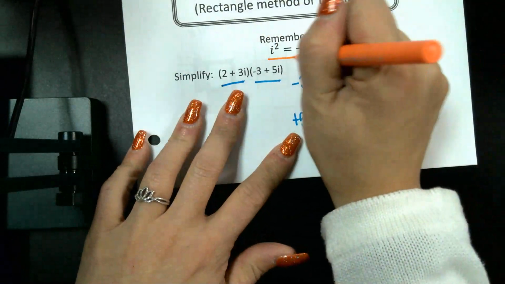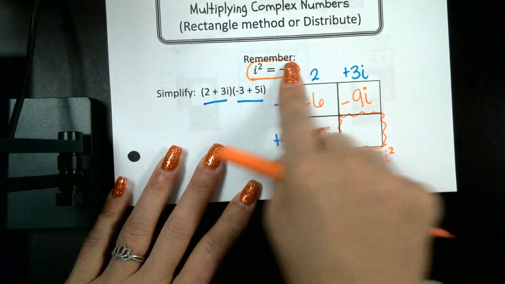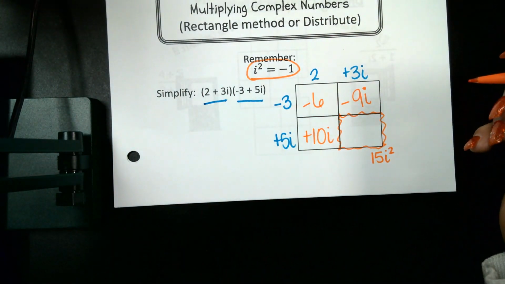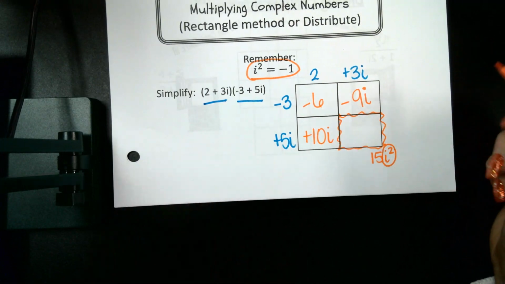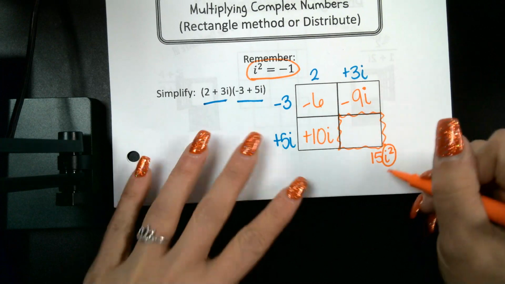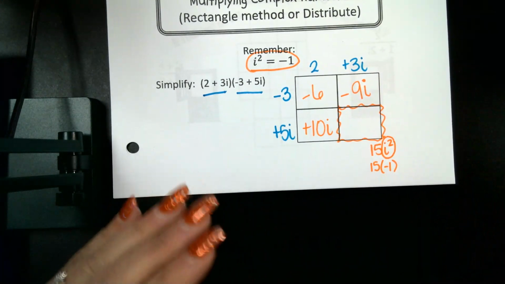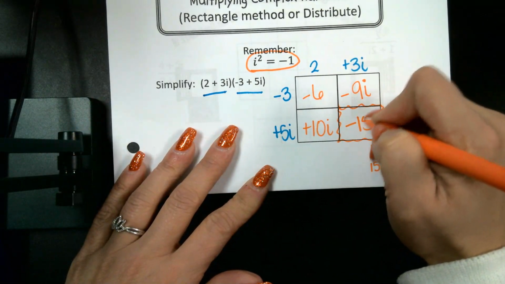Well, don't we know that i squared is equal to negative 1? So i squared actually has a numerical value to it. So this i squared drops off, and it's going to be a negative 1. We're going to take 15 times negative 1, which is negative 15.